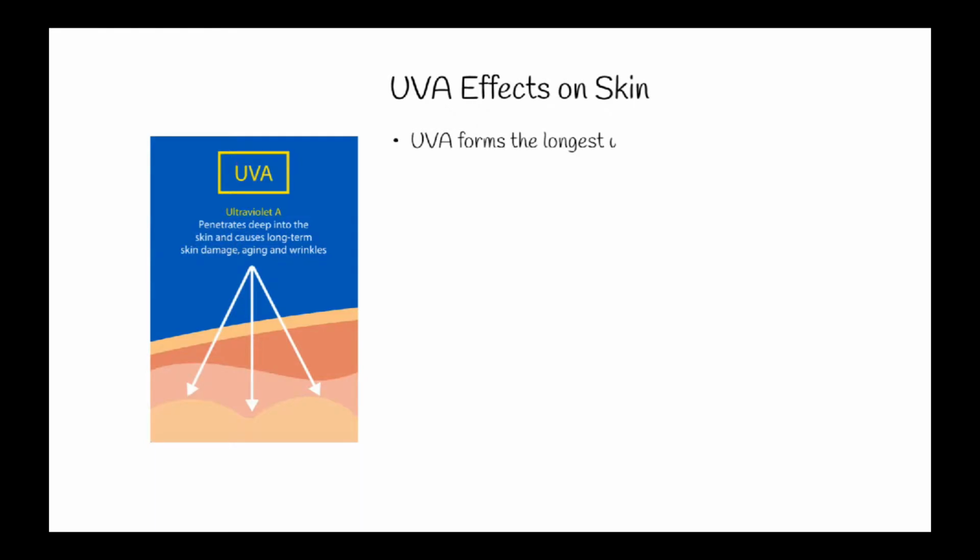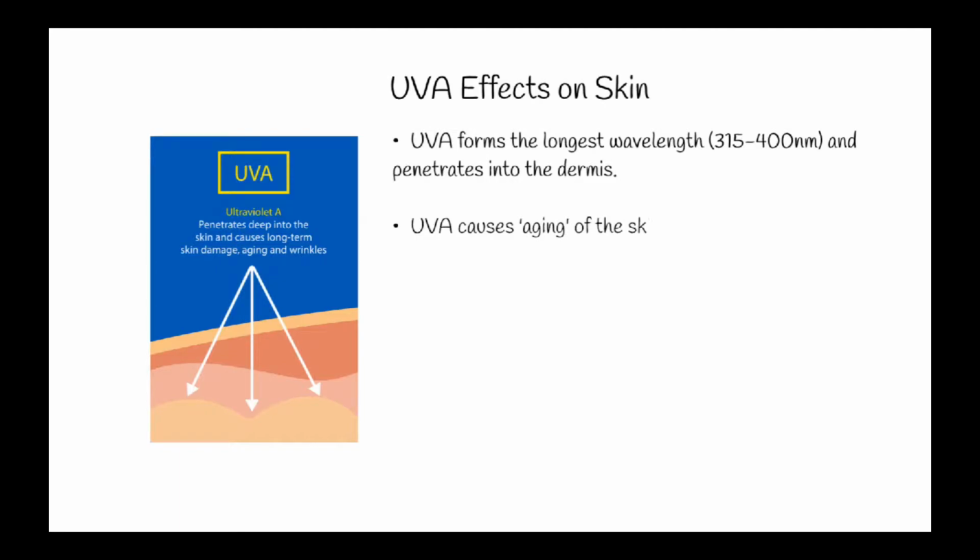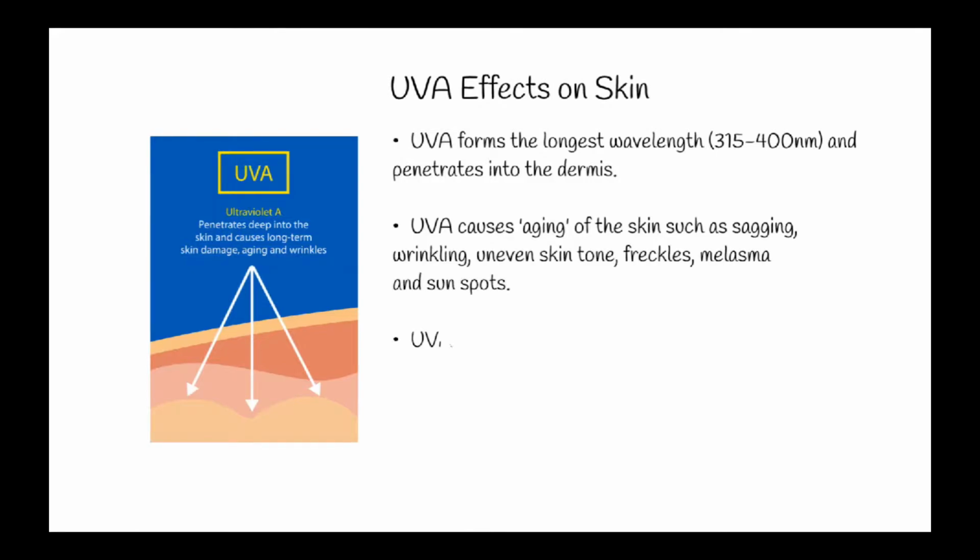UVA effects on skin. UVA forms the longest wavelength, which is 315 to 400 nanometer, and penetrates into the dermis. UVA causes aging of the skin, such as sagging, wrinkling, uneven skin tone, freckles, melasma, and sunspots.